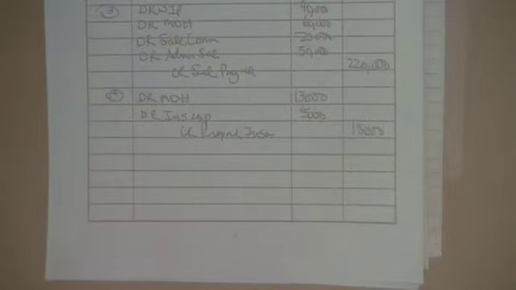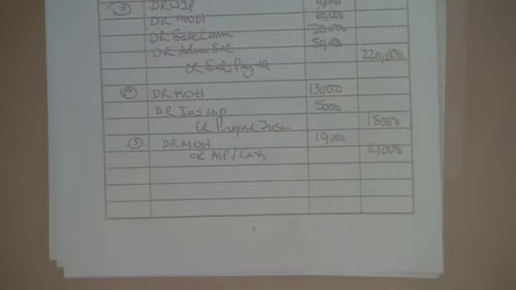Now in E, it says utilities for factory. So we're going to debit MOH, credit accounts payable or cash, again, doesn't matter. Then we've got advertising cost of 15.